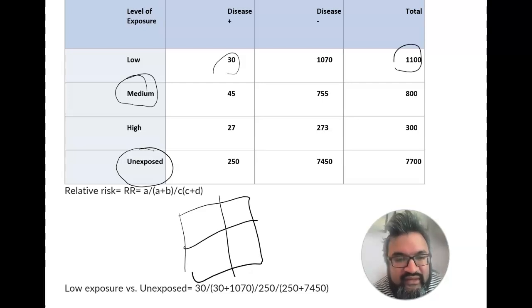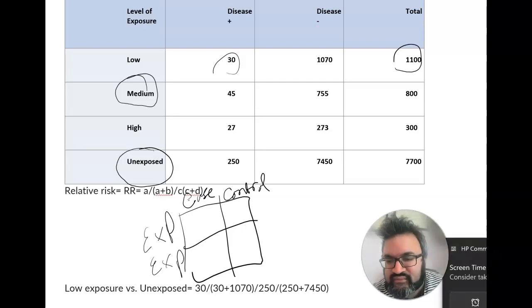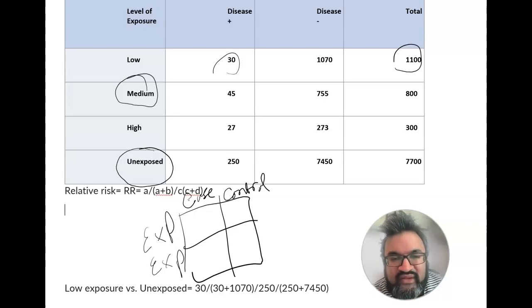And of course, this is cases versus control, and this is exposed versus not exposed. So let's do here medium exposure. Medium exposure is 45, 755, and 800.